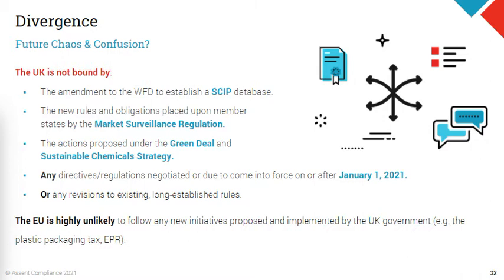already had processes in place that mirrored a lot of the things that are going on in the EU market surveillance regulation, and the UK is taking a look at what's happening in the EU and trying to closely align in that space.